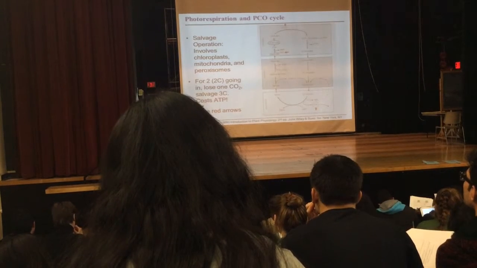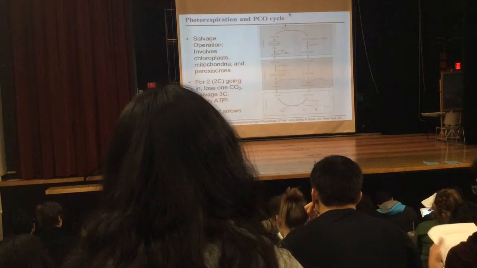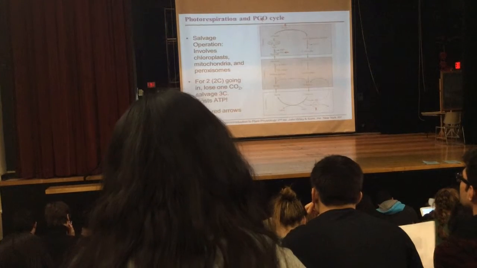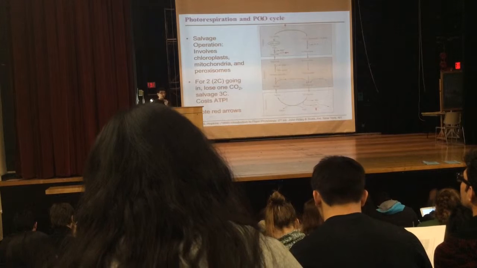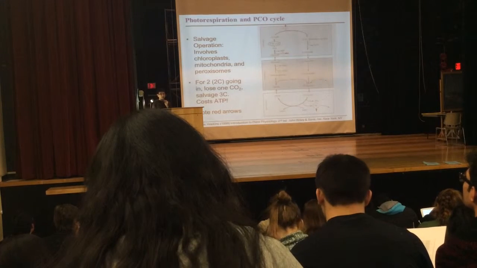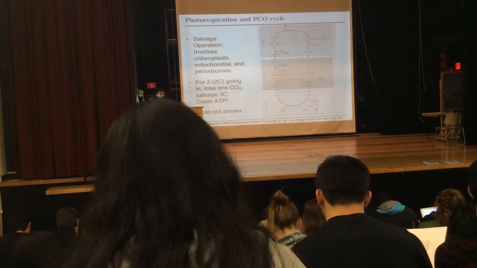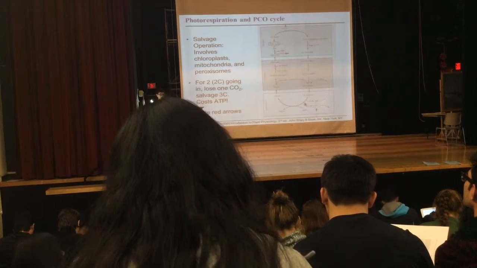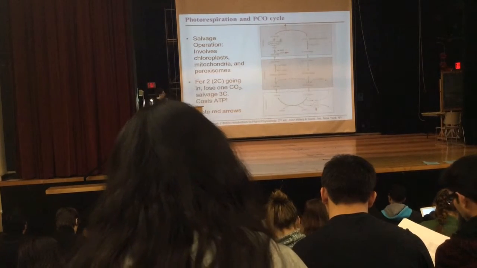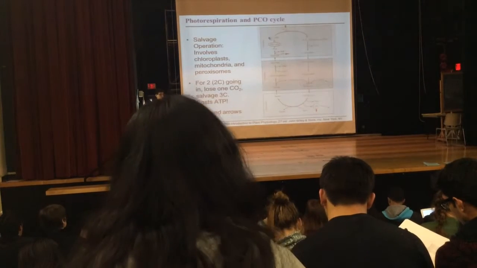So the salvage operation is called the PCO cycle. And the PCO cycle involves 3 different organelles. It includes the mitochondria, the chloroplast, and the peroxisomes. And you do not need to memorize this figure, but you do need to pay attention to where the red arrows are. So we start at the top here. Here's RuBP.